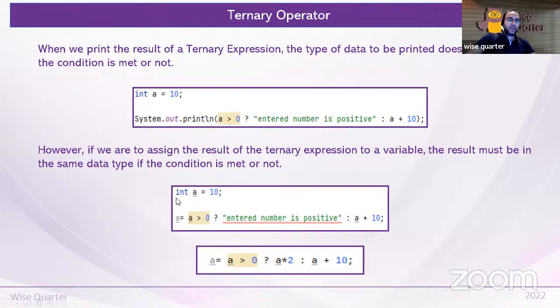But A is an integer data type. An integer box cannot store a text value. Because of that, Java will complain. It will say, hey, you are trying to assign this value to an integer variable. It is not possible. But if all of them are numbers like this, you can make the assignment without any problem.